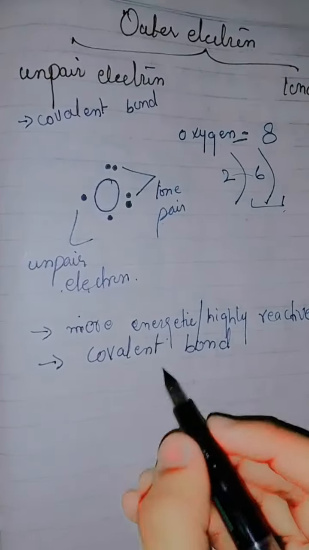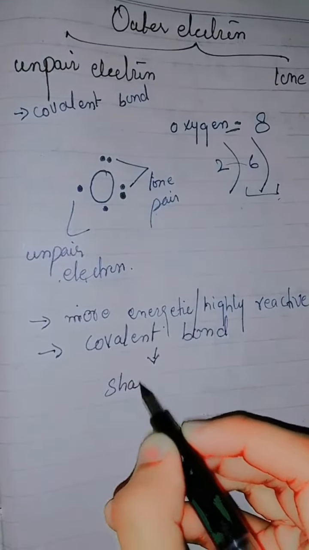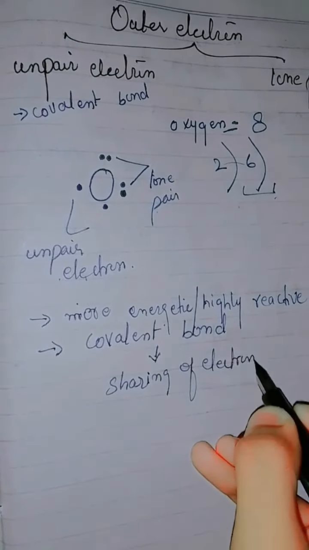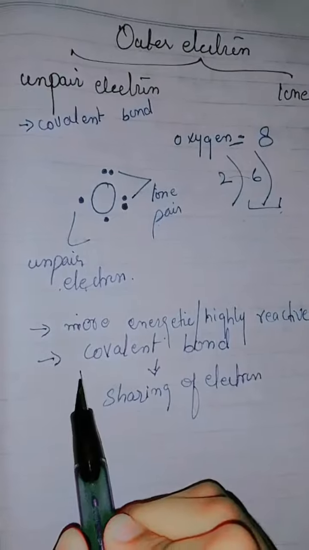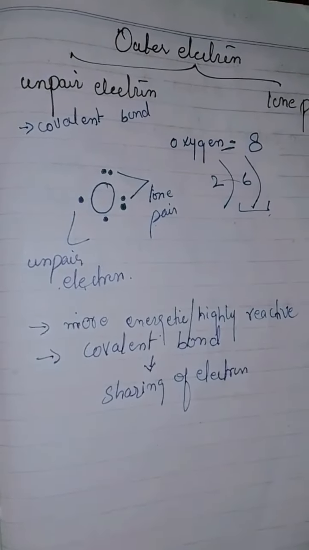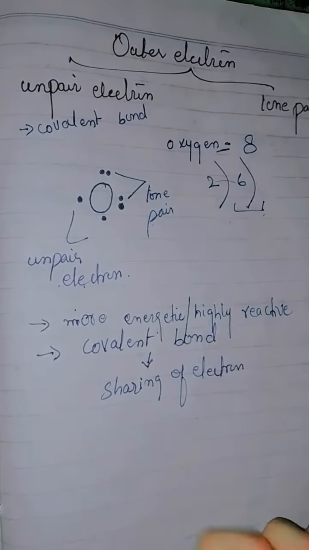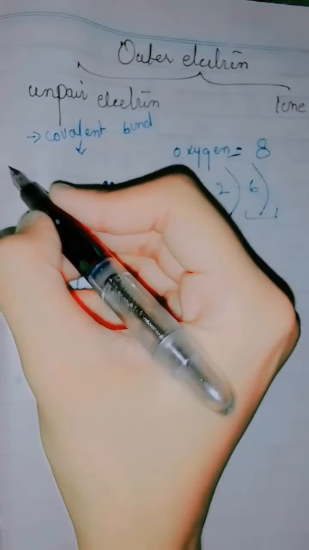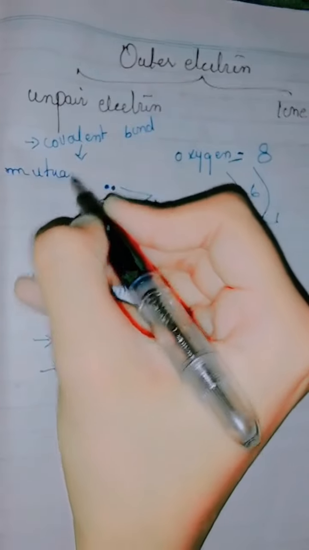And what is a covalent bond? A covalent bond is basically the sharing of electrons. But remember that in a covalent bond, there will be a mutual sharing of electrons.